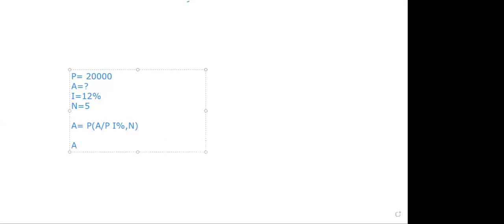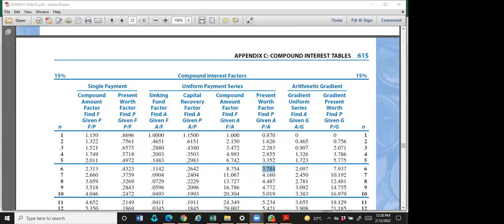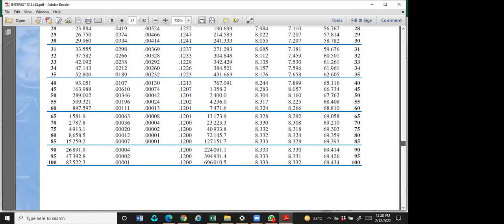So the A becomes what? Multiplied by what? So let's go to the interest table. Go to 12%. What did you see? 0.277. Okay, let me confirm it. Let others confirm it.